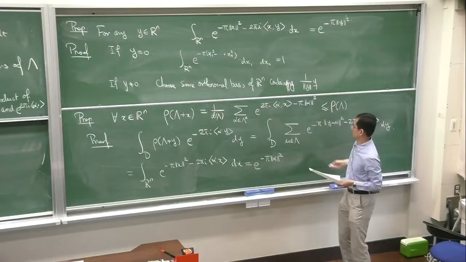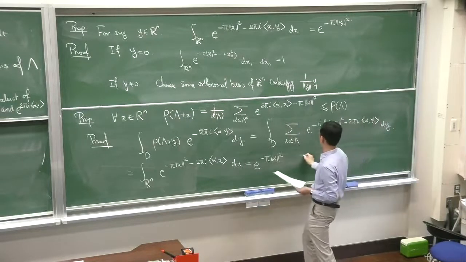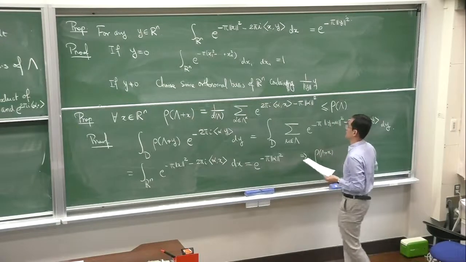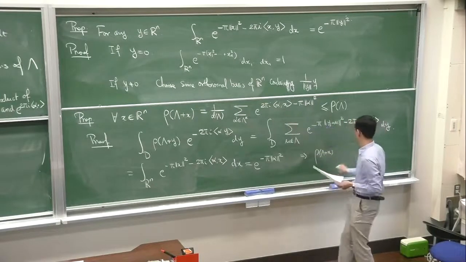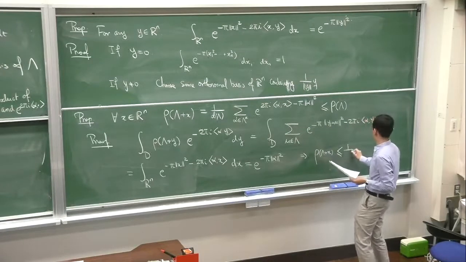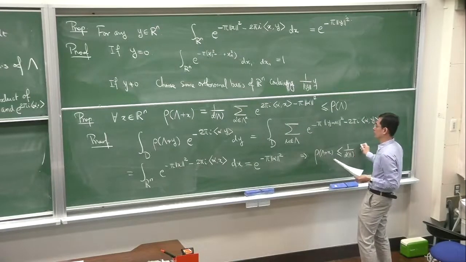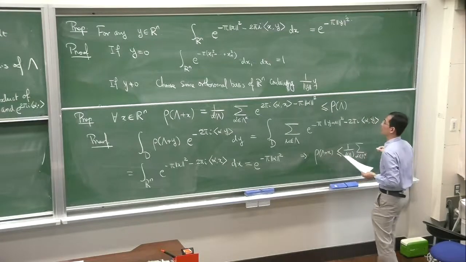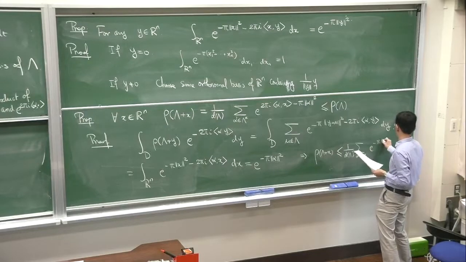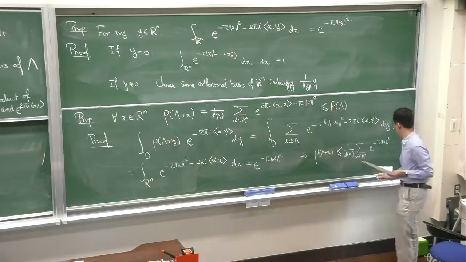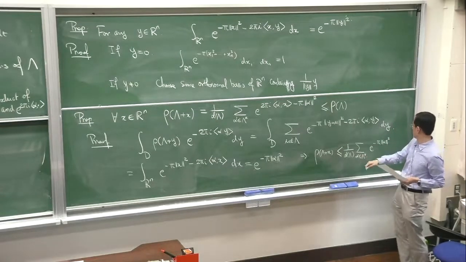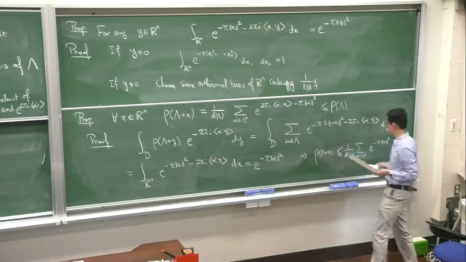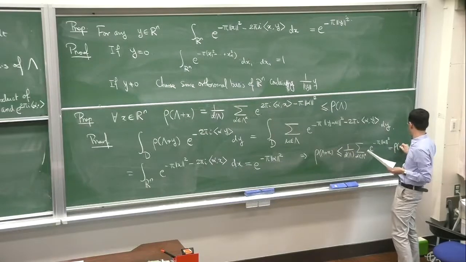So you will find that rho of lambda plus x, this sum, is bounded from above by 1 over d lambda times the sum of alpha in lambda star of e^{-pi norm of alpha squared}. This corresponds to the situation where you take x equal to 0, which is nothing but rho of lambda.